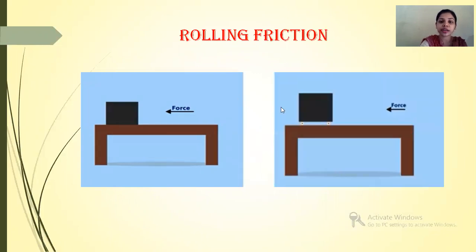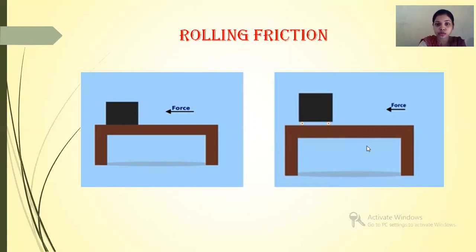Similarly, if I take the same box, but this box has some pencil rolls under it, and I want to move it from its position, then again I need to give some force to this box. But what happens in these two cases? Which requires less force?